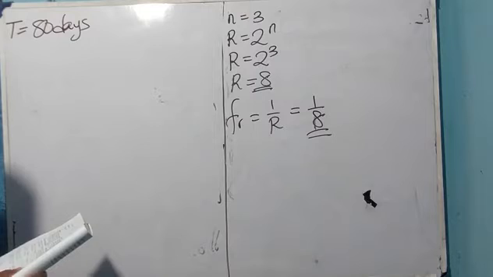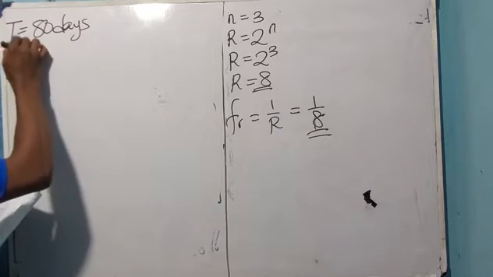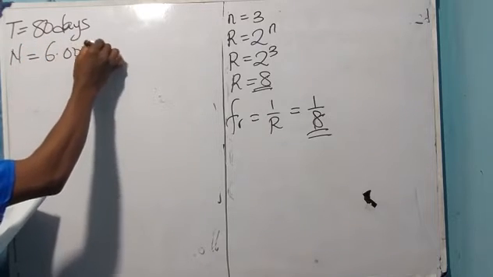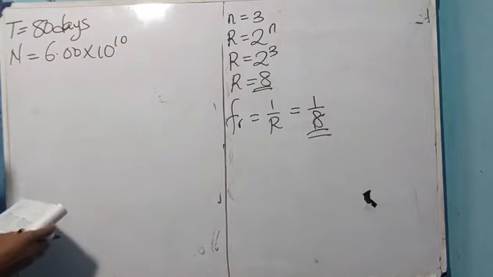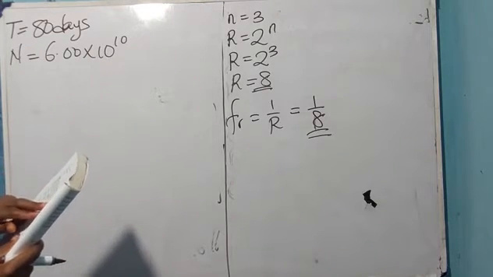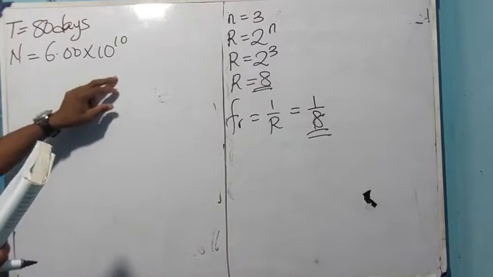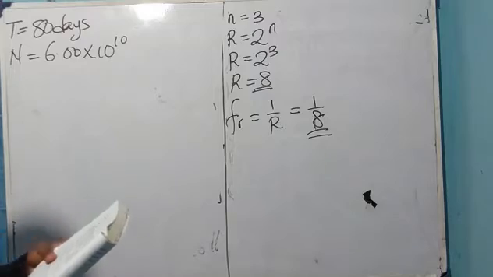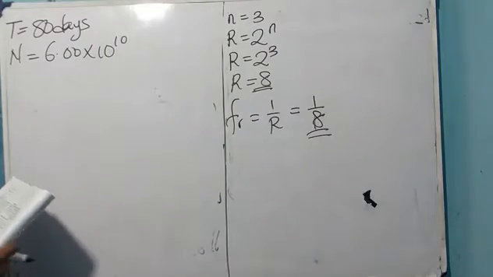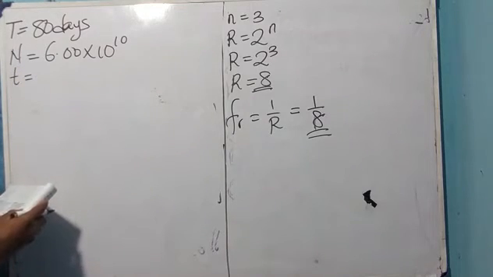If the initial number of atoms in the sample is, which means that N is equal to 6.00 times 10 raised by 10, how many atoms would remain at the end of 320 days? Which means that t is equal to 320 days.